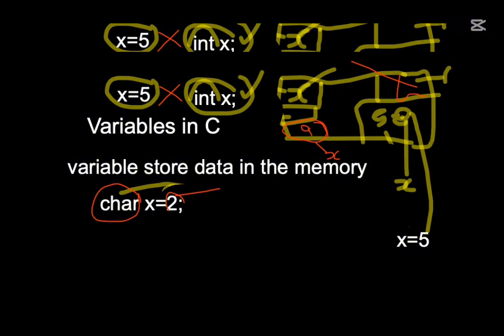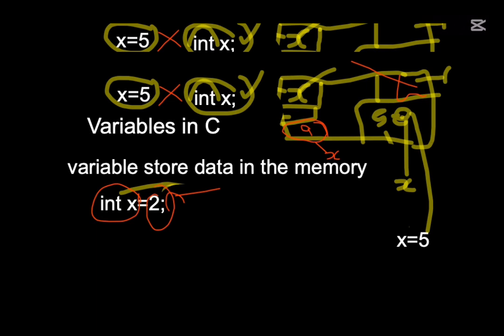So you need to change this. This has to be int, since you're trying to store numbers. Then C is going to go back to the memory and say, okay, now I understand what you're trying to do, and I'm able to store these numbers inside a part of the memory that can actually store numbers. So that's how it works.